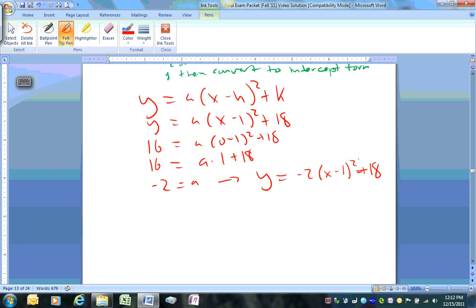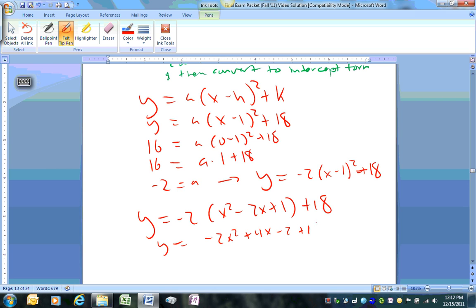Now we want to convert to standard form. Now standard form is y equals ax squared plus bx plus c. So it probably makes sense to FOIL, distribute -2 and add the 18, which I'll do right now. So it's just algebra, that's all I'm doing.